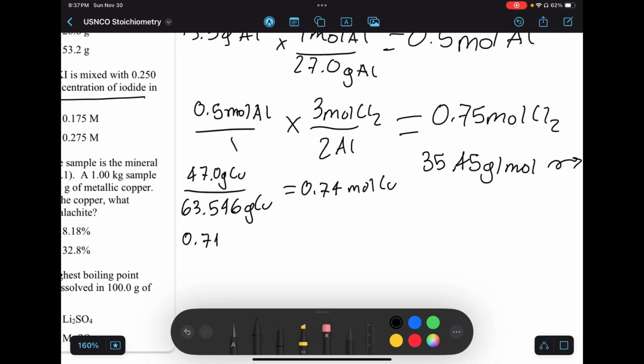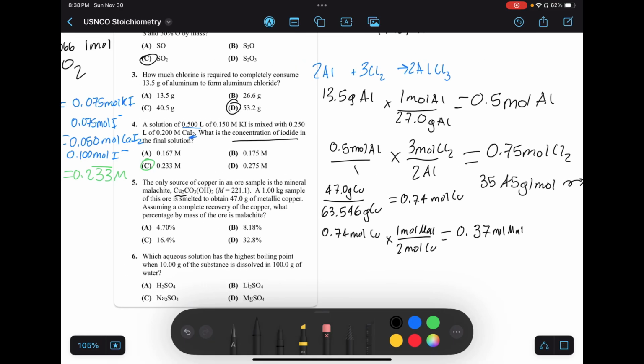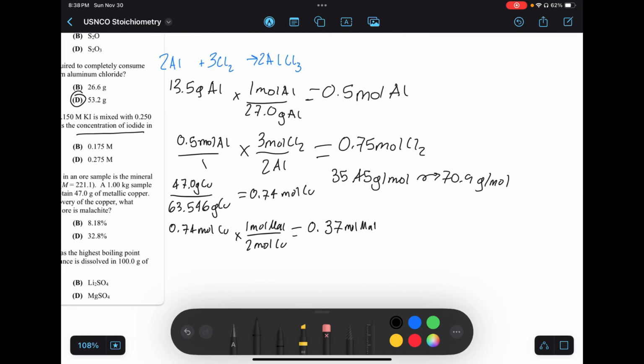It's 0.74 moles of Cu times 1 mole of malachite per 2 moles Cu. So this is actually going to be 0.37, if I'm not mistaken, moles of malachite. And then we can multiply this by the molar mass, 221.1, which is 81.807 grams.